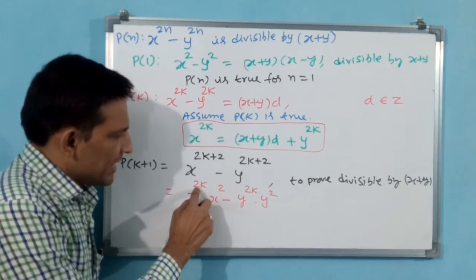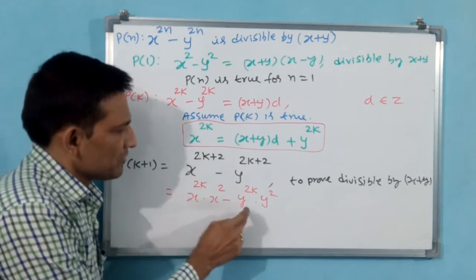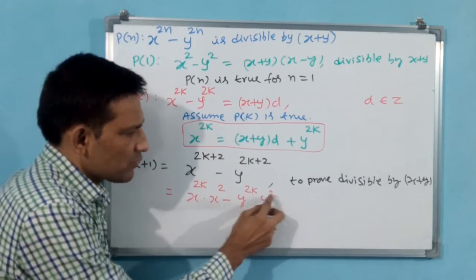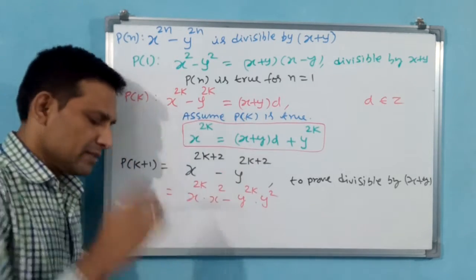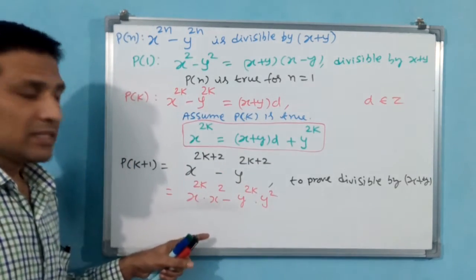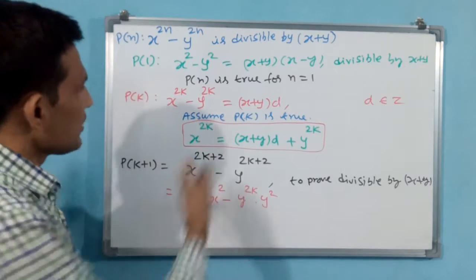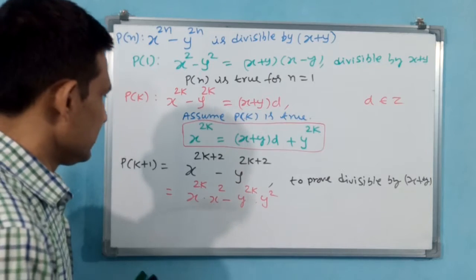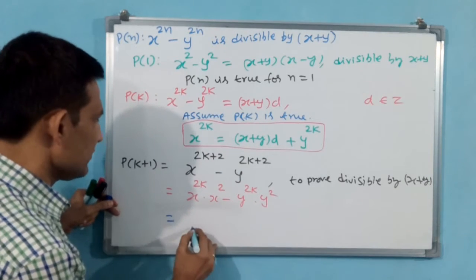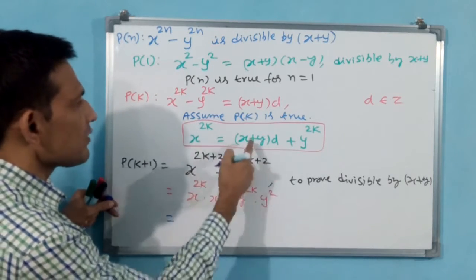Bases are same, I can add powers 2k plus 2. Okay, this is okay. Why have I split this? Because I know x power 2k value. Now you substitute this value in this. That is equal to, x power 2k value is how much? This one.